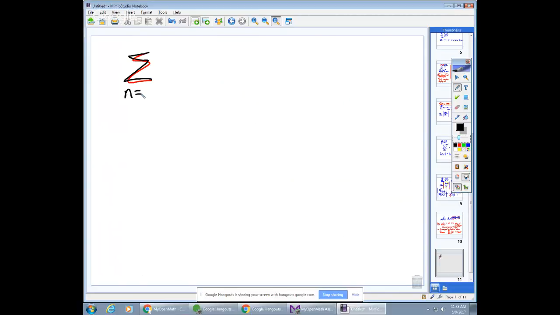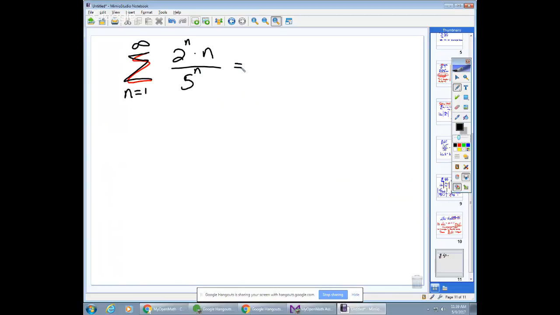Sum as n equals 1 to infinity of 2 to the n times n over 5 to the n. Okay, so step one, if it's new, list some terms. All right, what's this look like?